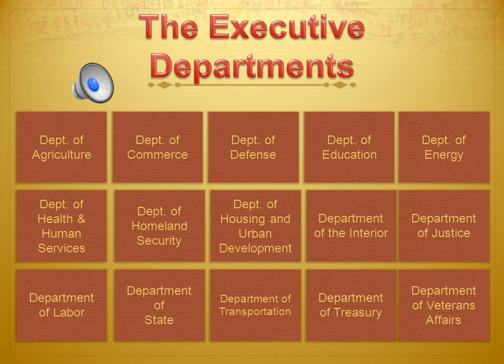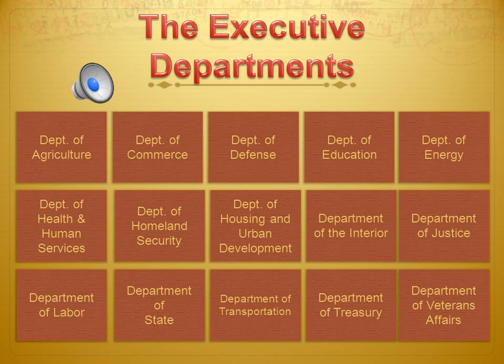The Department of Interior oversees the country's natural resources, so you might see the Forestry Department under that as an example. The Department of Justice makes sure federal laws are carried out. The Department of Labor provides services for American workers and establishes safety standards for workplaces. So that's an important one if you ever have issues with safety in your workplace. The Department of Labor might be someone you'd want to contact.